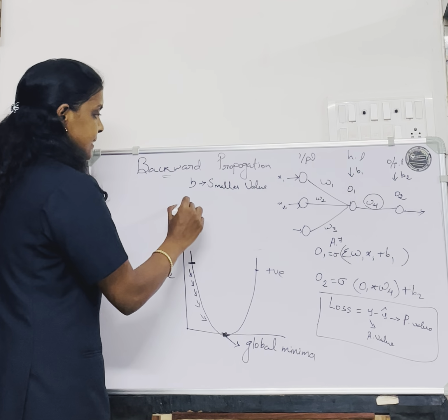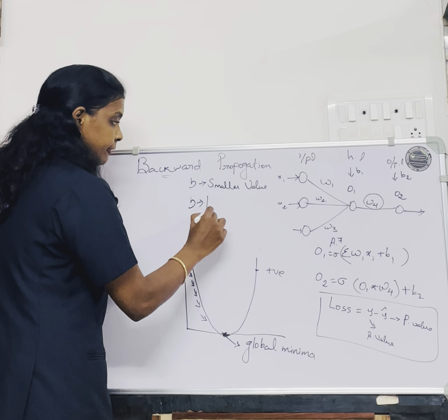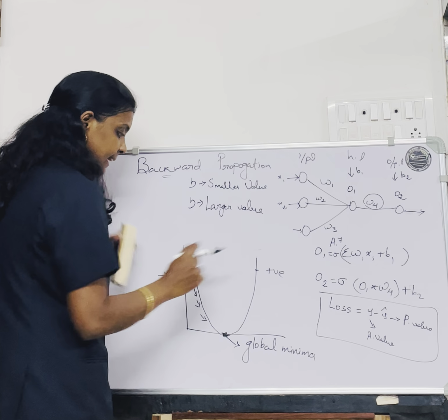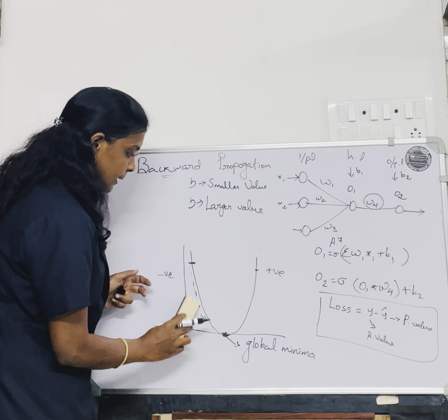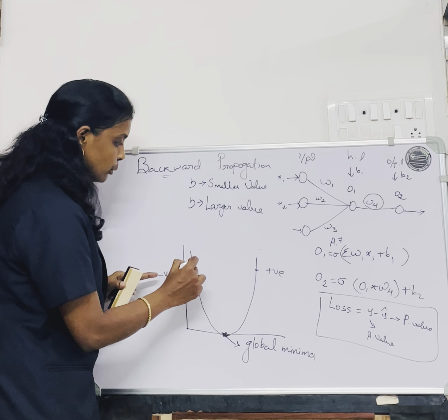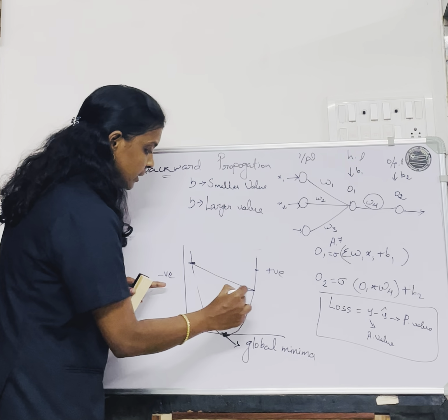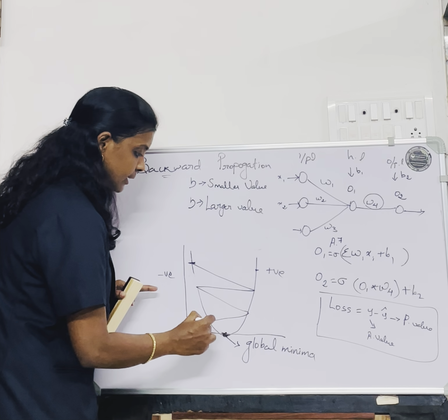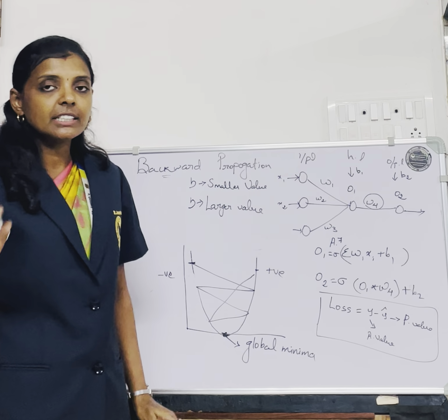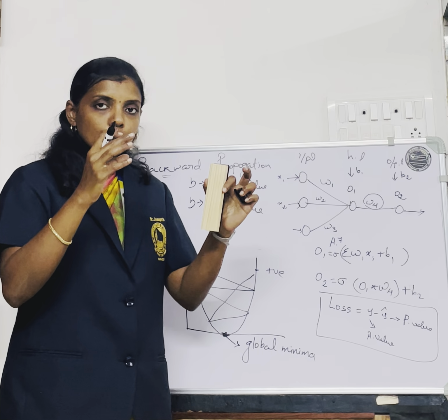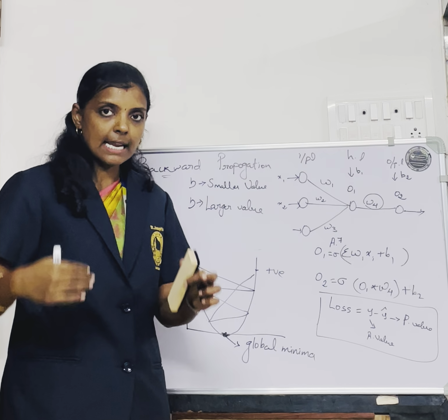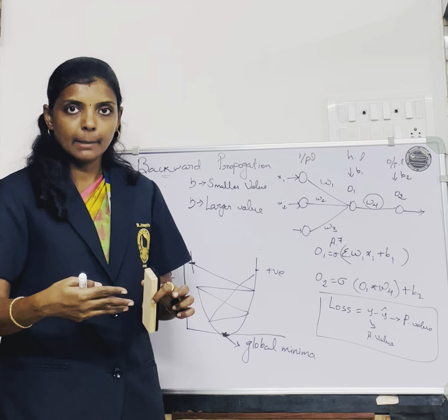Okay. In case I choose a larger value for this learning rate, maybe this predicted value will move here to there, here to there, here to there. Maybe it will not reach the global minimum. Actually, our target is the predicted value, and we have to compare. If we find any loss, we should reduce the loss by the weight updation method.